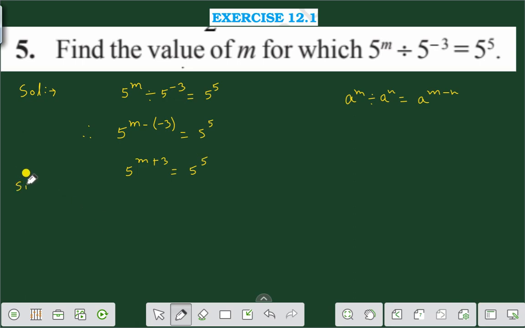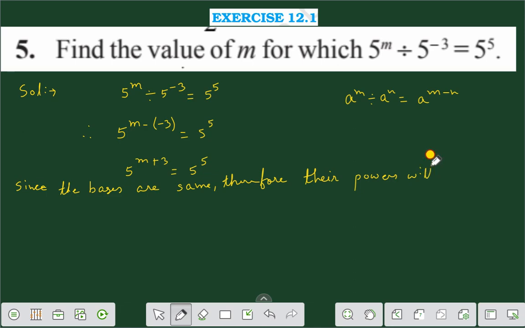Since the bases are same, therefore their powers will also be same.